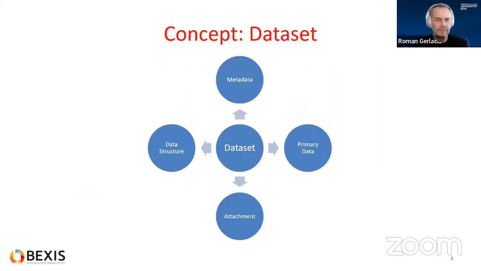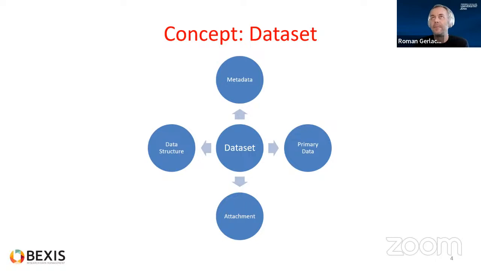Our basic concept in terms of dataset is that a dataset contains the primary data. If I start here from the right side, which is basically the variables or the table itself. It contains also the metadata, which is a separate entity in our system. It contains that data structure that I mentioned, but it can also contain attachments that you can link to the dataset.